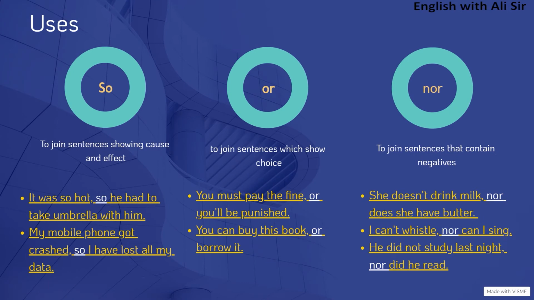So next coordinating conjunction is so. So is used to show cause and effect. So whenever there is cause and effect, so is used. Let's take a couple of examples. It was very hot, so he had to take umbrella with him.